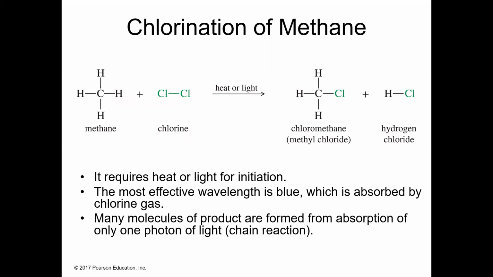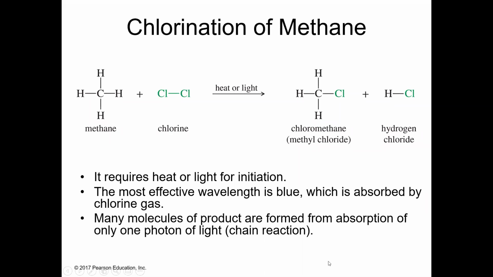Okay, when you react methane with chlorine, in the dark at room temperature, nothing happens. But if you shine blue or ultraviolet light on the reaction mixture, you have a substitution that takes place.